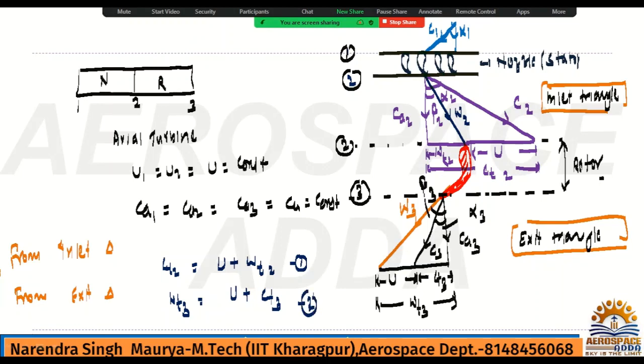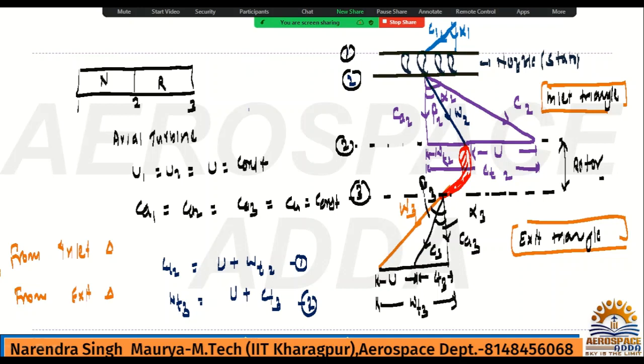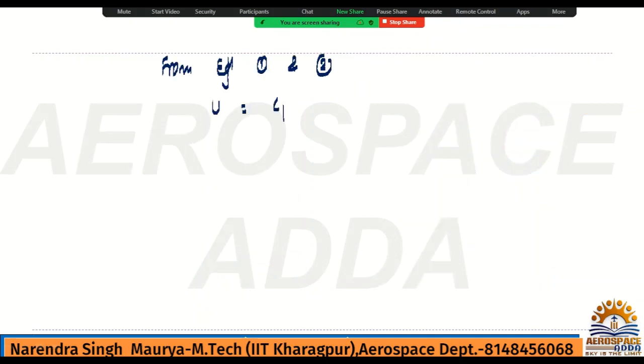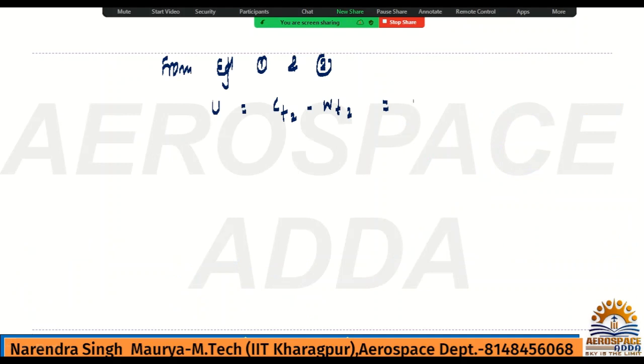Now from equation 1 and 2, I will go a little fast now because it's only a trigonometric relation. From equation 1, U is equal to CT2 minus WT2. And from the second equation, U is nothing but WT3 minus CT3.